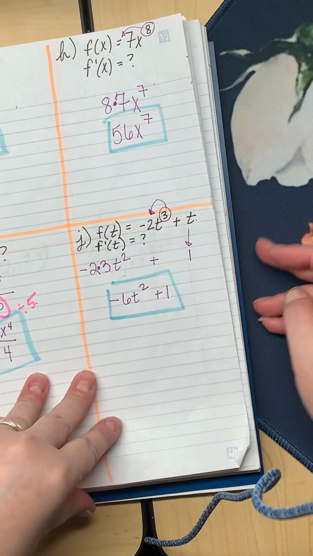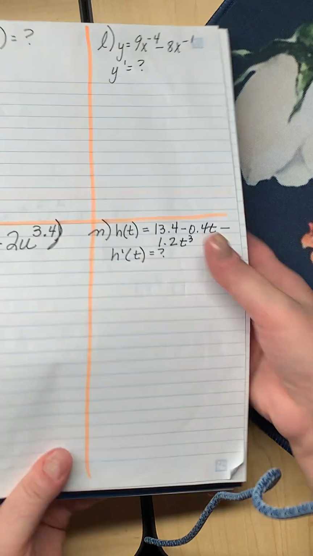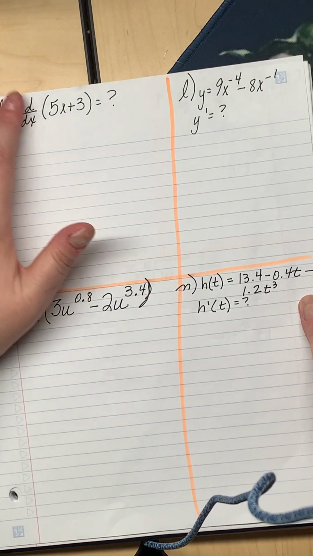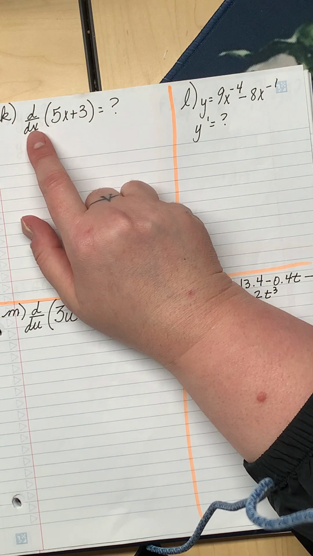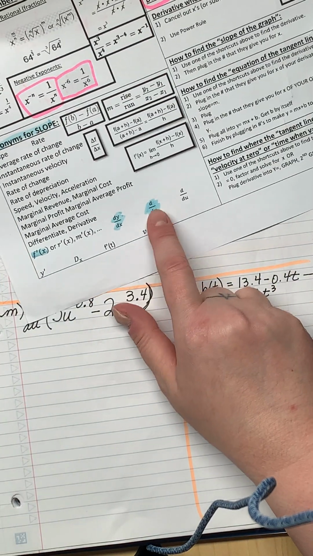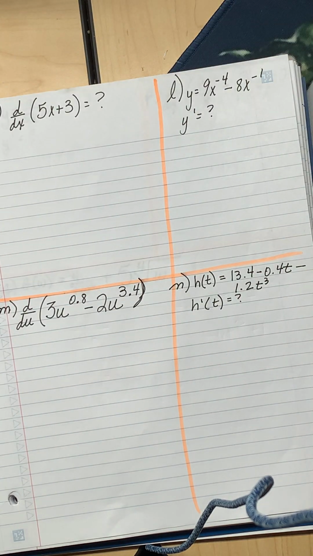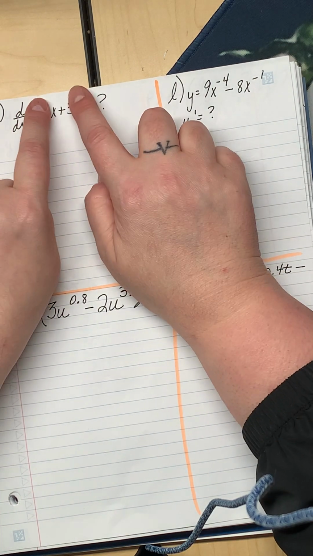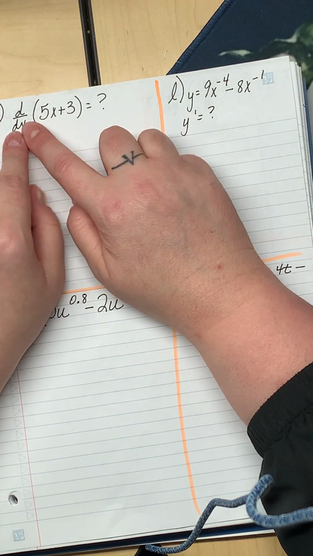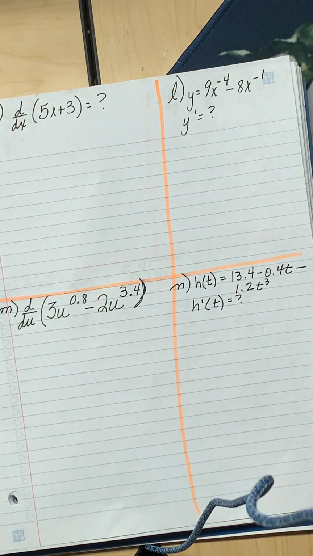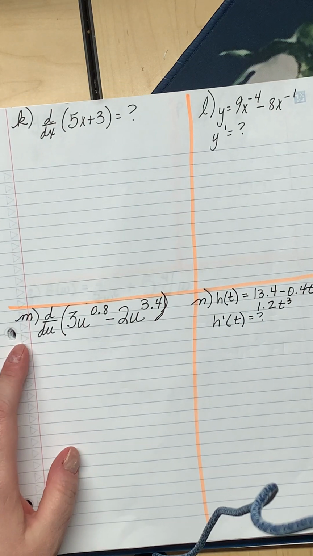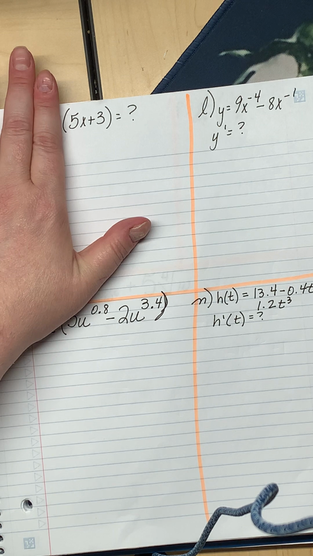Okay, let's go again. Whoa, this one looks crazy. It says d over dx, but look, d over dx just means slope, derivative. Okay. And then it's got some parentheses, but don't panic. Those parentheses are just to separate it from that weird d dx. Okay, so all we have to do is take the derivative.